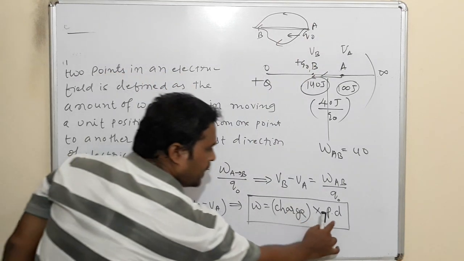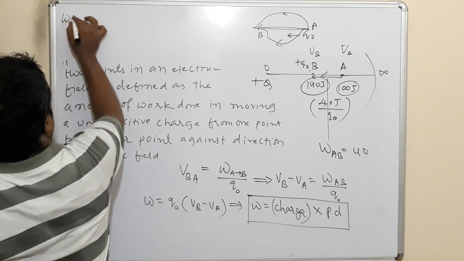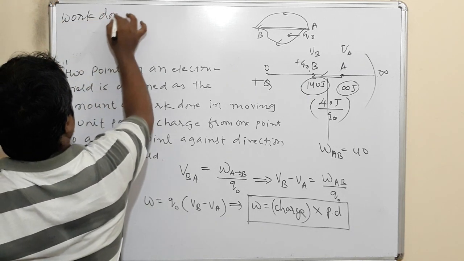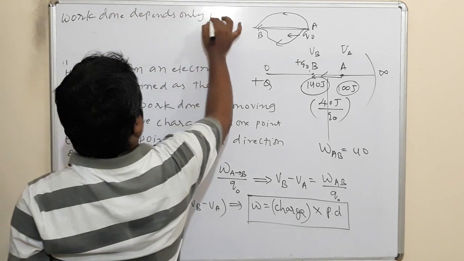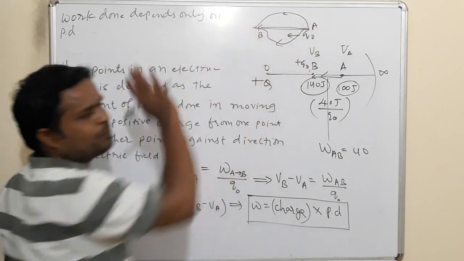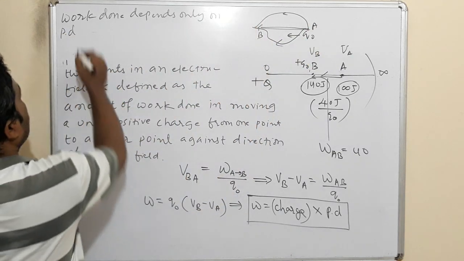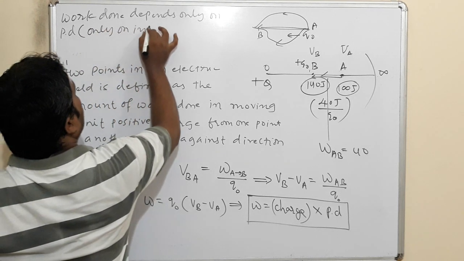That means work done depends only on the potential difference, that is, only on the initial and final position, not on which path we take from one point to another.